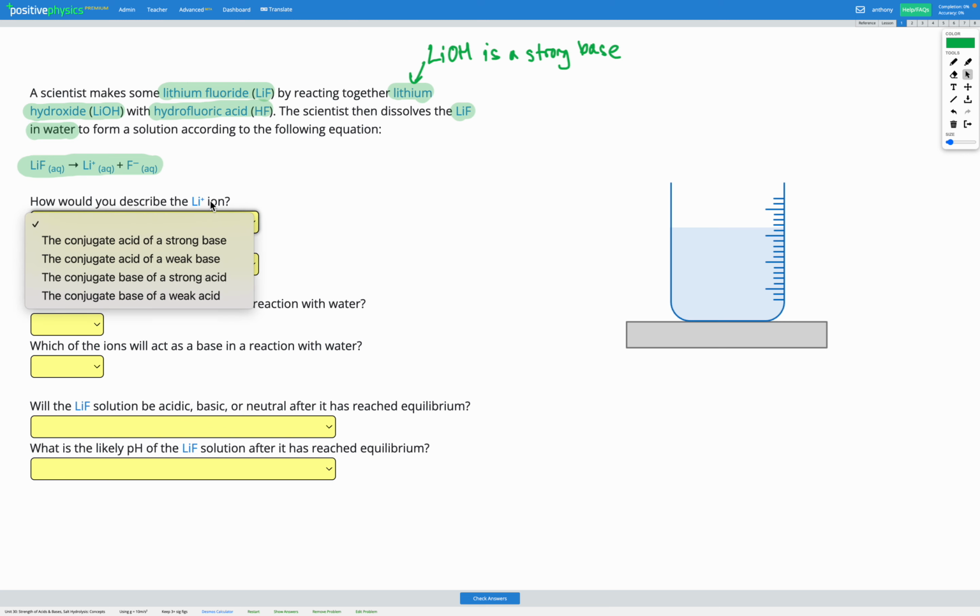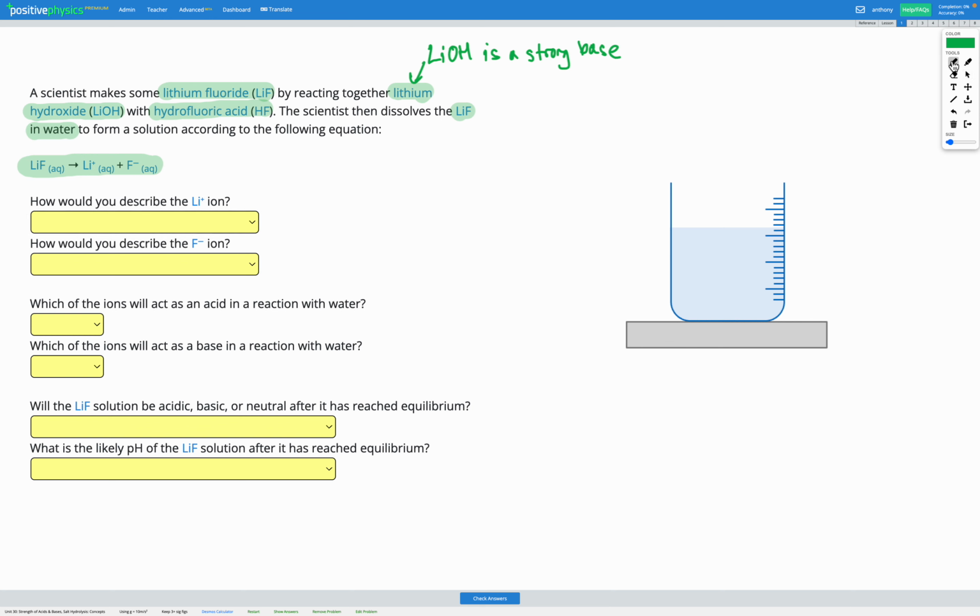So how would we describe the Li+ ion? Let's think about this. We had LiOH. When it reacts with water, we have the solid arrow showing it's a strong base. It's all reacting, it's all dissociating to form Li+ ions and OH- ions.